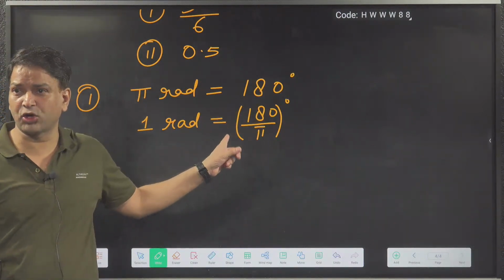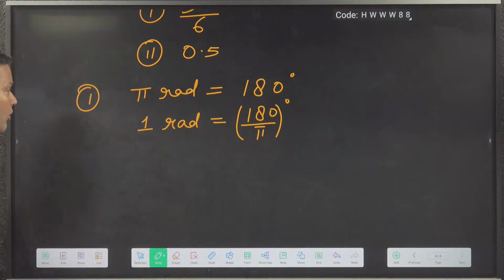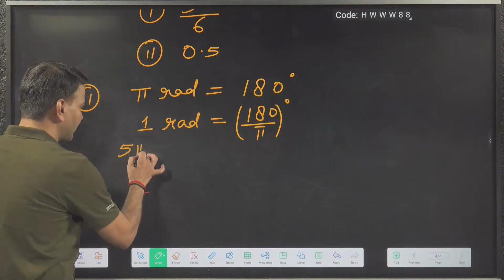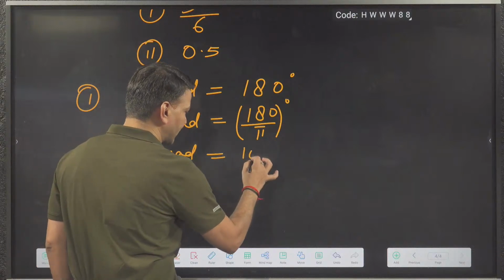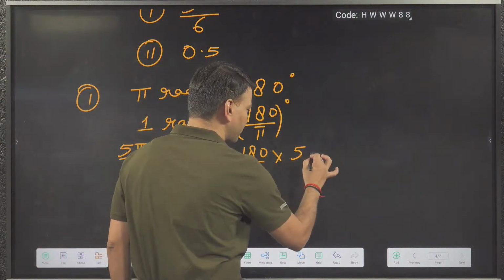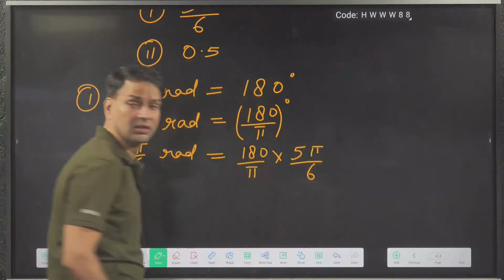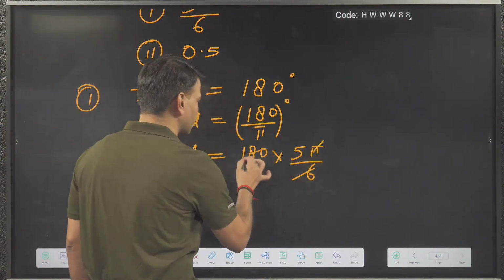Now I know for 1 radian, I need for 5 pi by 6. So 5 pi by 6 radian is equal to 180 by pi into 5 pi by 6. Okay, now pi and pi cancel out. 6 3s are 18.